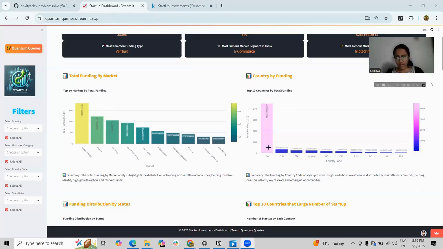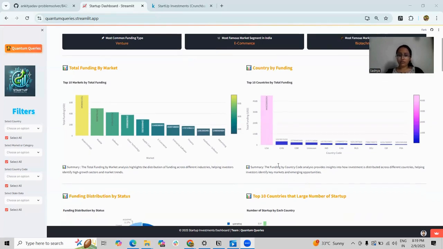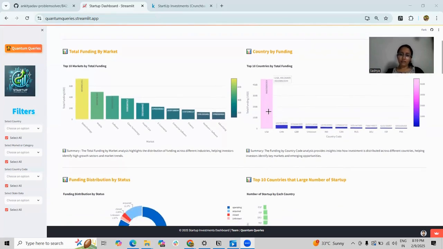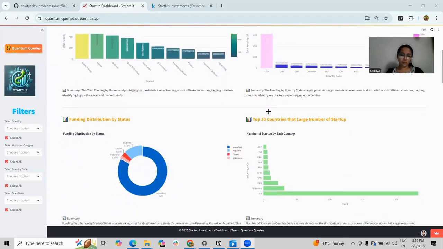And when we move toward funding by country, the funding by country codes analysis provides insight into how investment is distributed across different countries, helping investors identify key markets and emerging opportunities. So here the USA has the highest total funding compared to other countries.